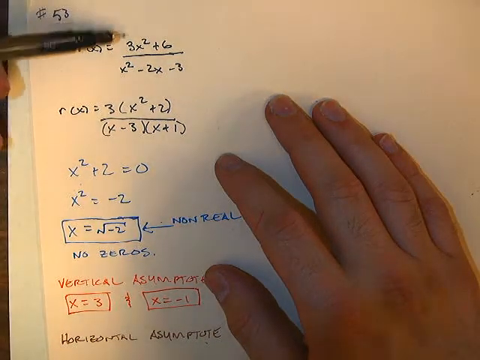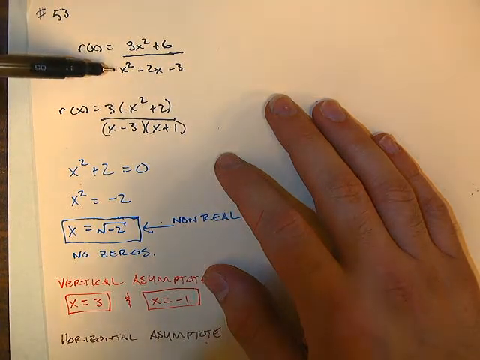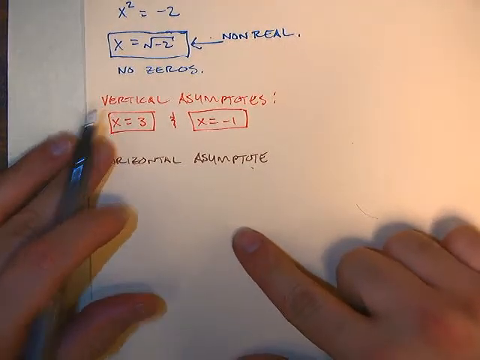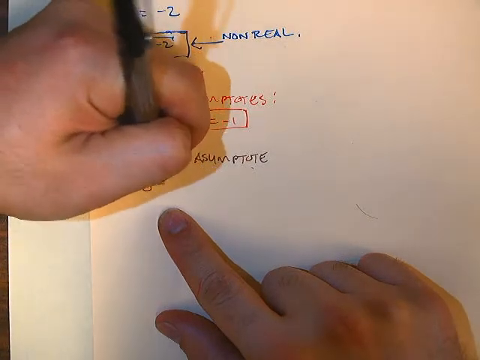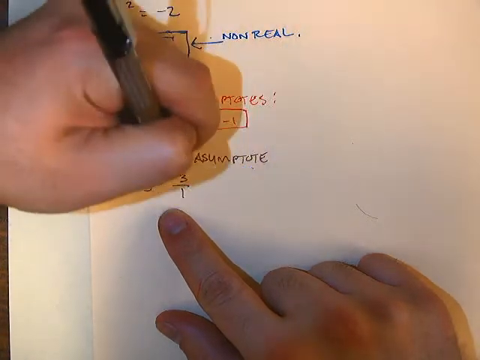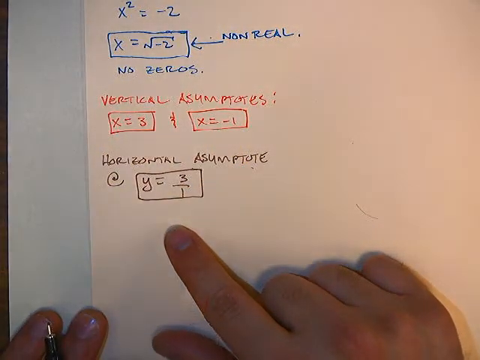So I take the coefficient of the leading term of the numerator and divide it by the coefficient on the leading term of the denominator. So I end up having a horizontal asymptote at y equals 3 over 1. And that's where my horizontal asymptote is.